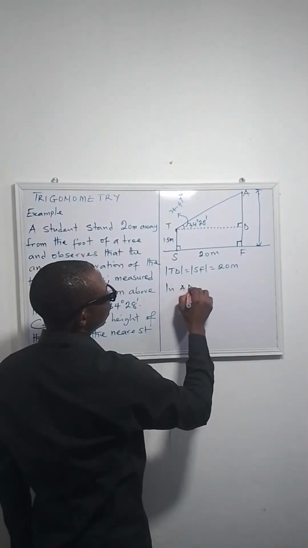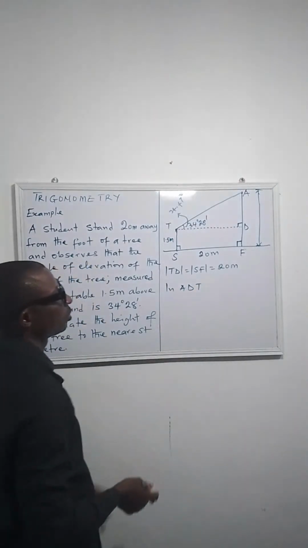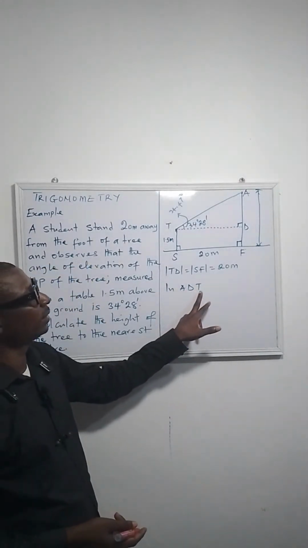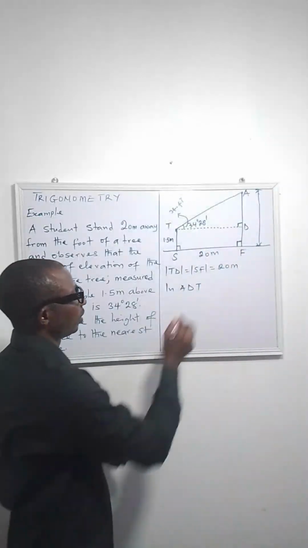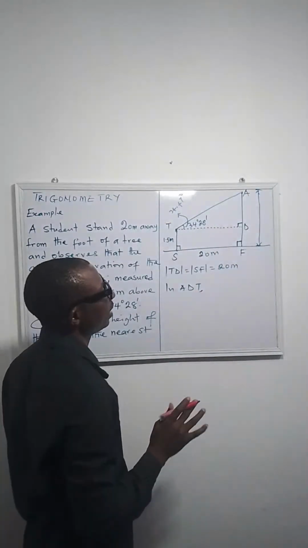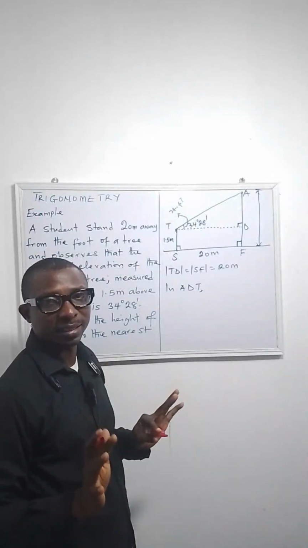Now we can consider triangle ADT. In triangle ADT, we need to identify the opposite, adjacent, and hypotenuse.